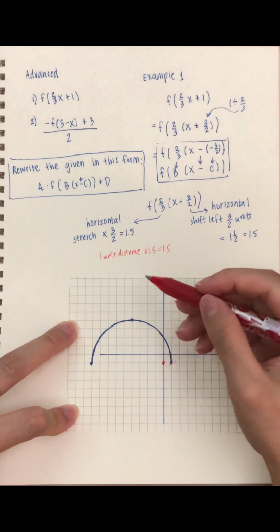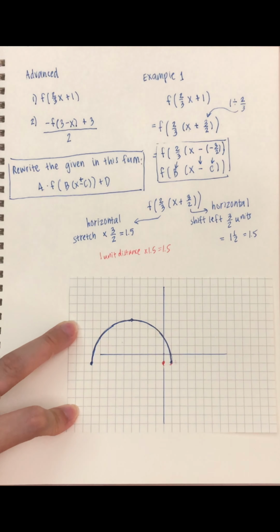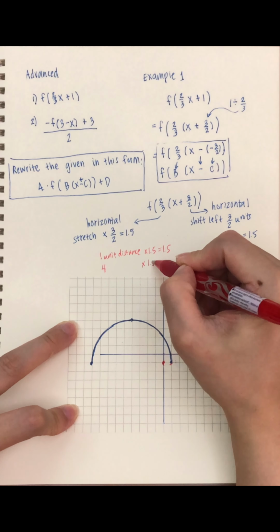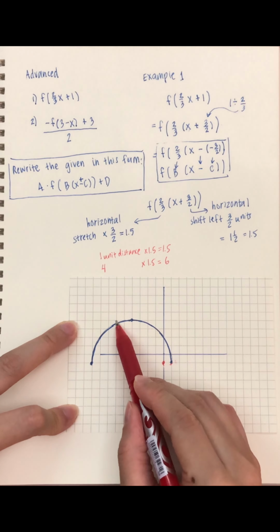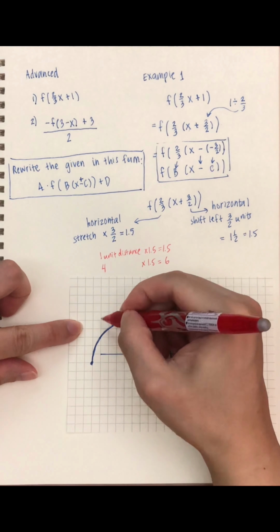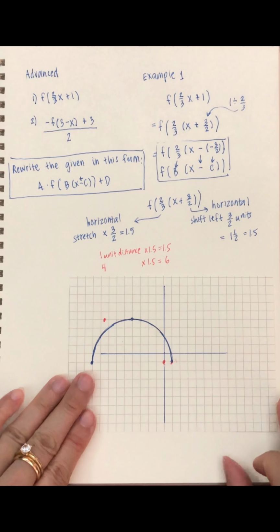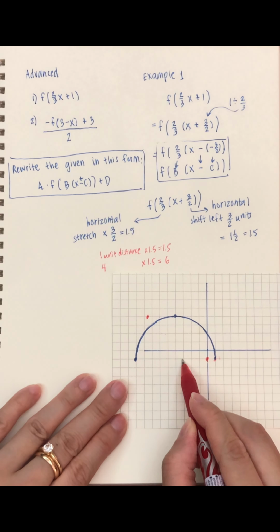Next. This point is 4 units away. The horizontal distance is 4 units from the y-axis. So a 4 unit distance times 1.5 is 6. So what used to be a distance of 4 will now be a distance of 6. So it gets pushed here. And then you shift it left 1.5 units. And lastly, this one, okay, I hope we have enough space. This one is 1, 2, 3, 4, 5, 6, 7, 8, 9.